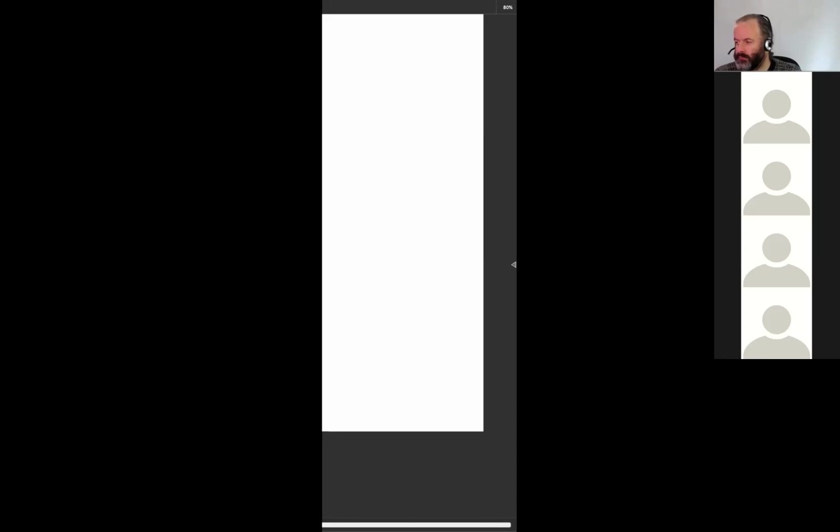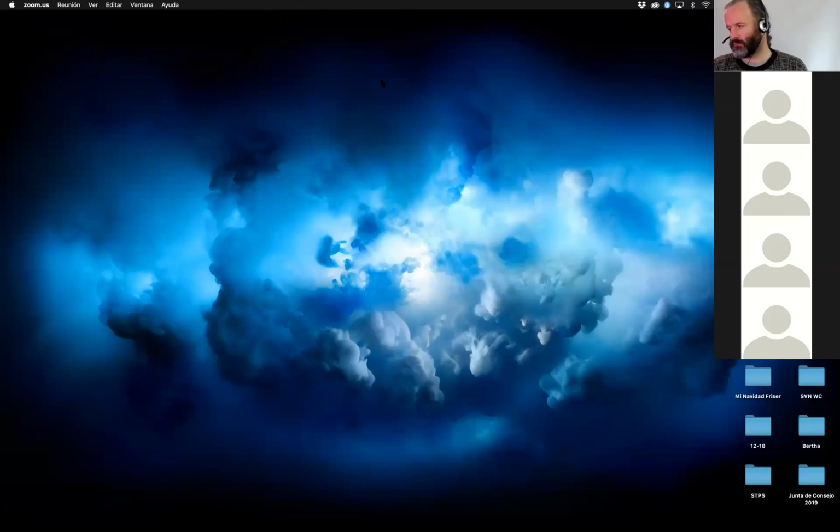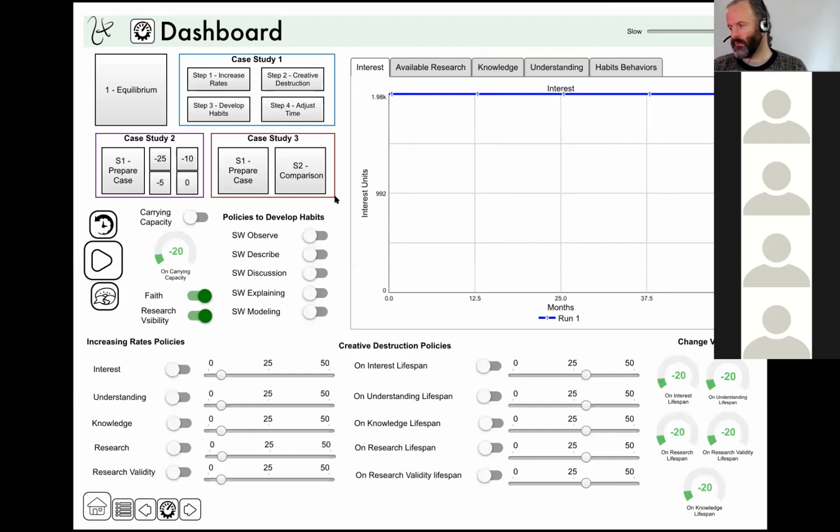Oh, we can't see the dashboard. Sorry. Okay. So first we have equilibrium, that's the first case.